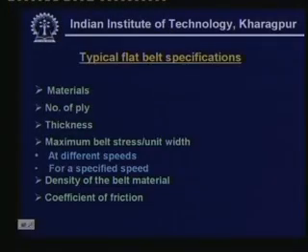So, next comes the density of the belt material and the coefficient of friction for a given belt material. Now, once again I will give a discussion at different speeds and for a specified speed.